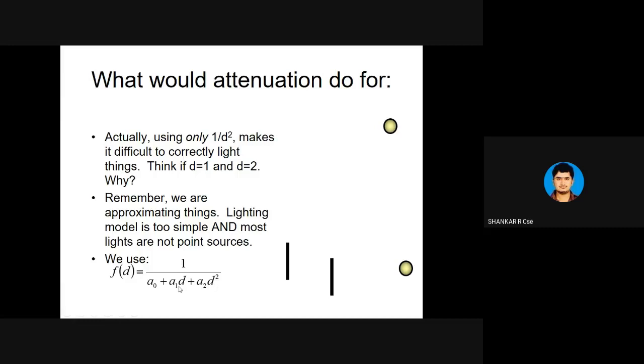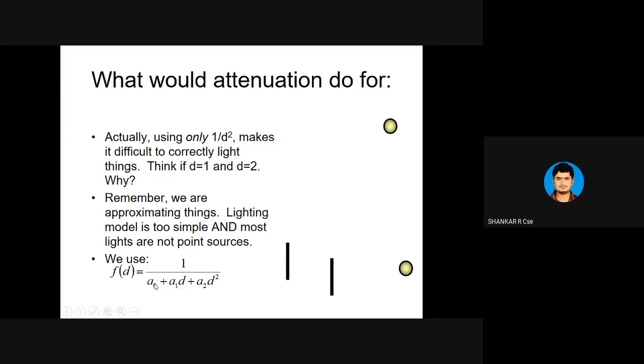But 1 by d square, it is very intense. So what we will do is, 1 by d square means I can write 1 by a naught into d square. A naught in the sense only one light source. So what about tube light? What about other lights? So what I'll do is I will add some linear equations in the denominator. Something like this: a naught into d to the power 0. D to the power 0 is 1.